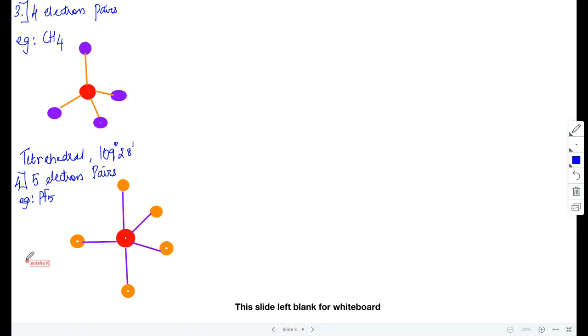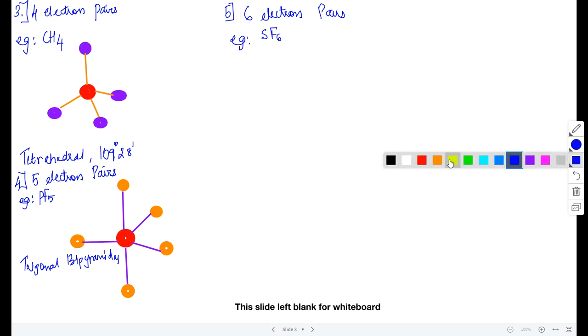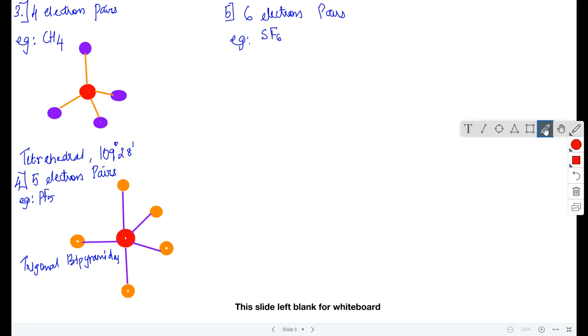The name is trigonal bipyramidal. For the 5 electron pairs, what would the angle be?